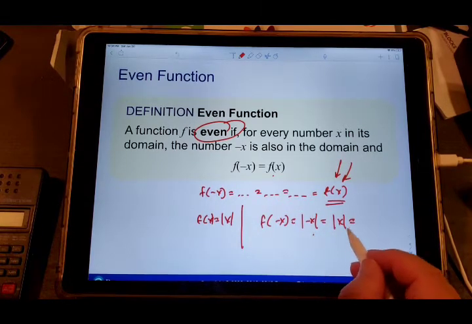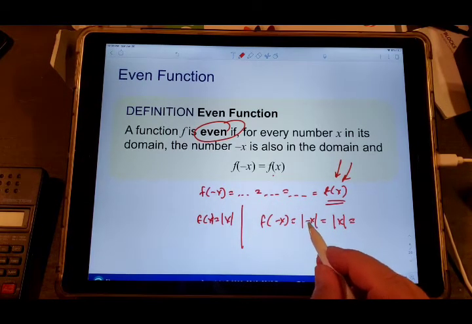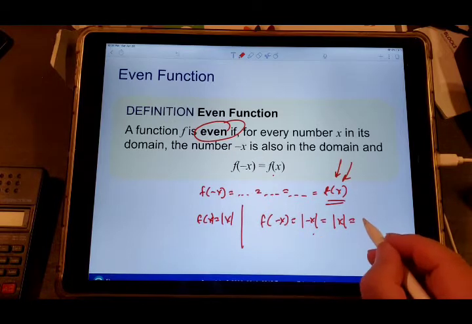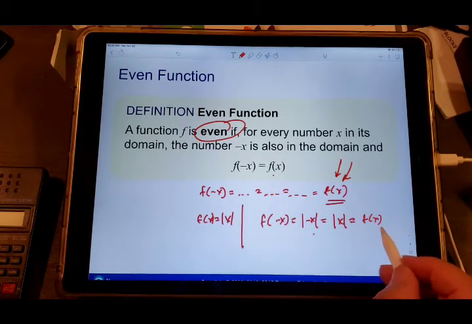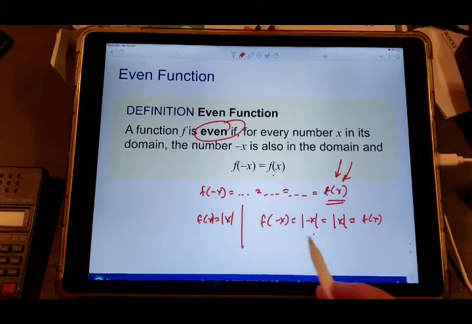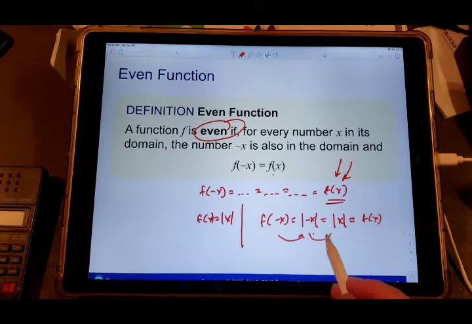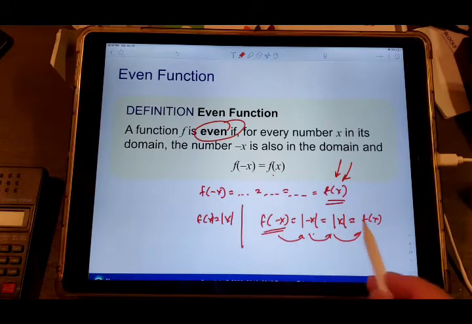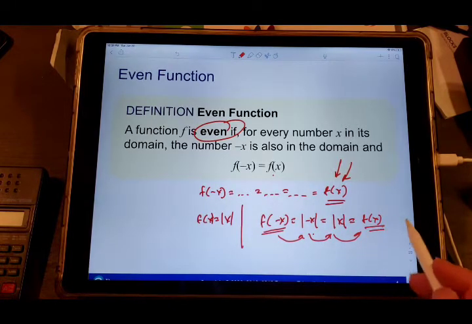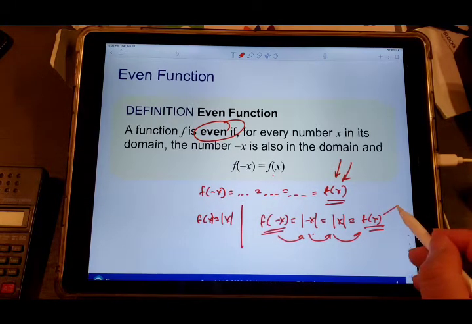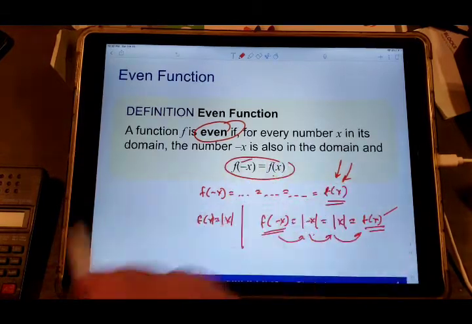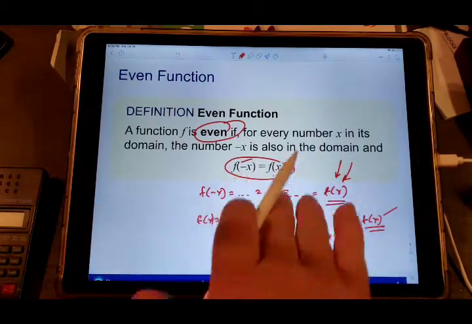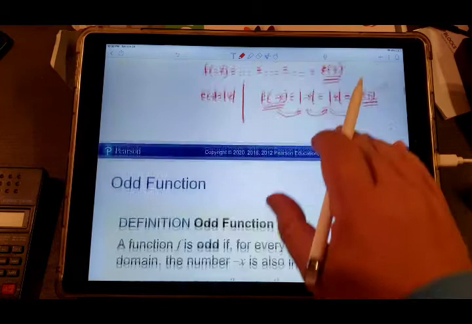I can't just drop the absolute value, but I can drop the minus sign inside the absolute value, and that is the original function. So this logical progression to starting with f of minus x and finishing with f of x is the proof we need to verify that a function is even, at least with this method.